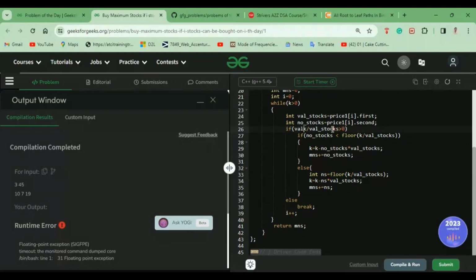Okay, so let's say if val_stocks is greater than 0, only then we will enter.